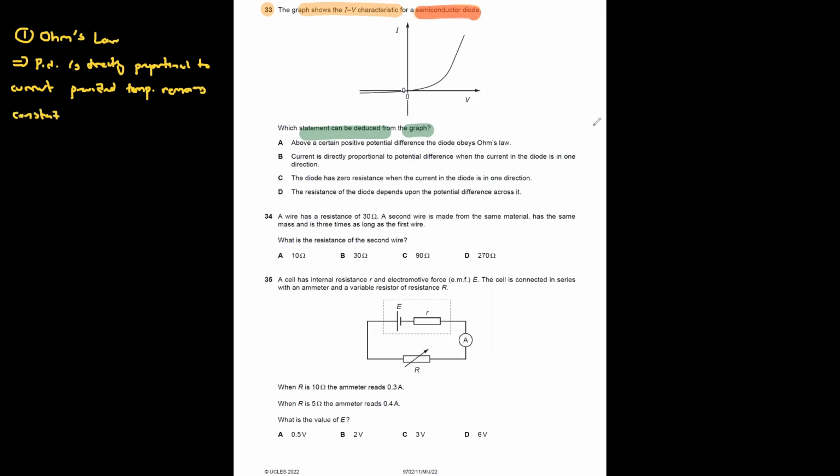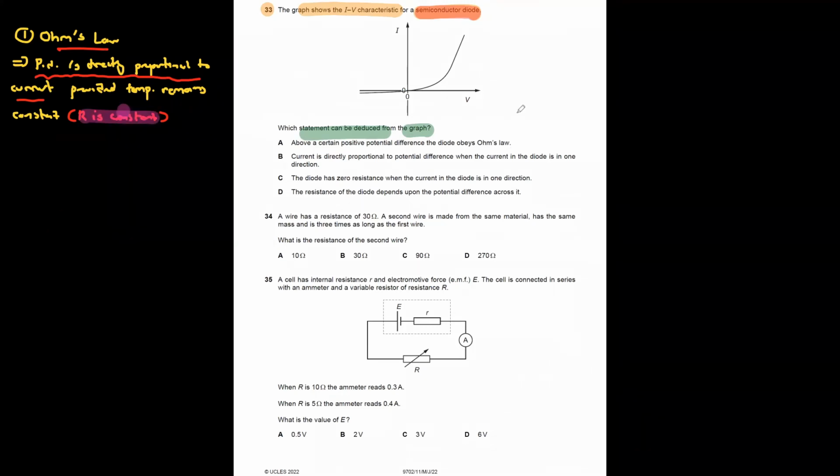Okay, so of interest to you is the part where they say PD is directly proportional to current. When they say PD is directly proportional to current, this means that resistance is constant. Ohm's law saying that PD is directly proportional to current would have actually implied that resistance is constant.